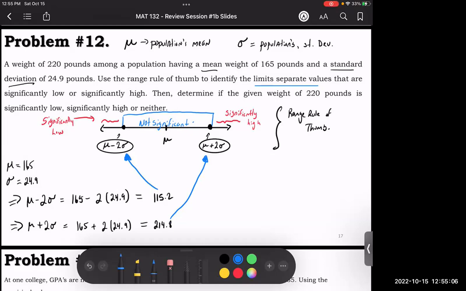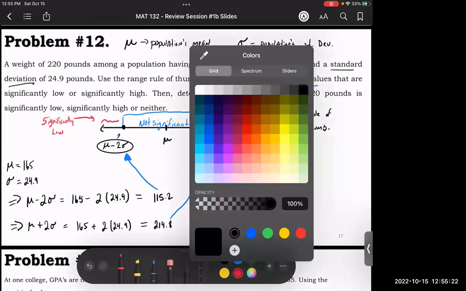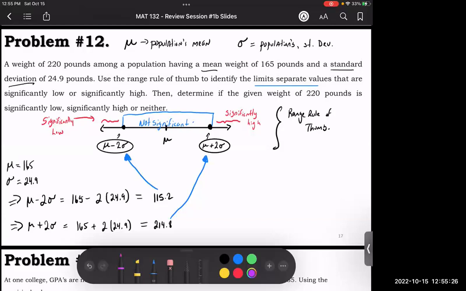Now we answer the last part of the question: determine if the given weight of 220 pounds is significantly low, high, or neither. Technically speaking, on my number line, where would the 220 be located? It'll be past the 214.8, to the right of it.